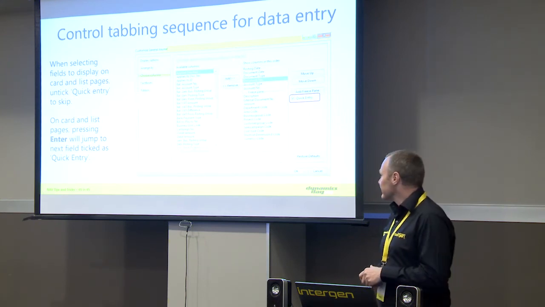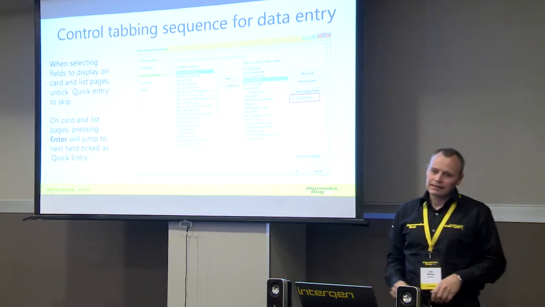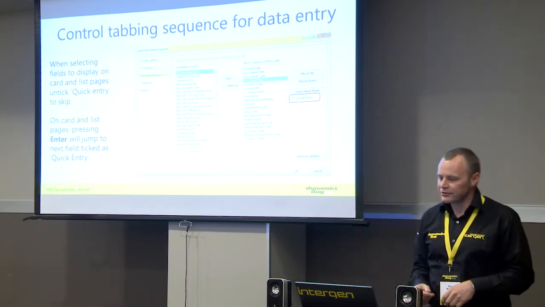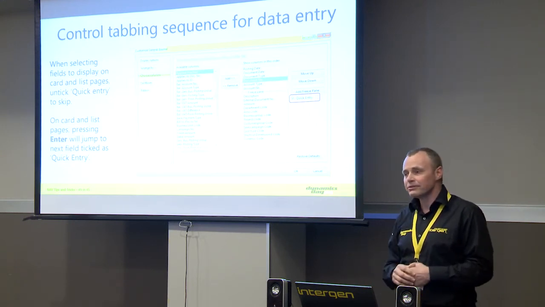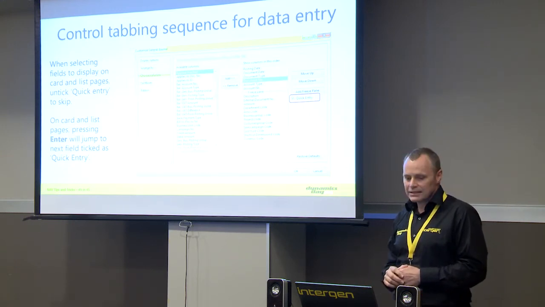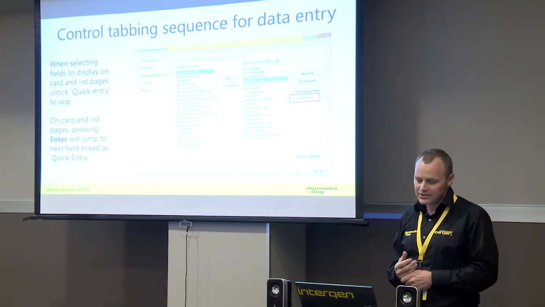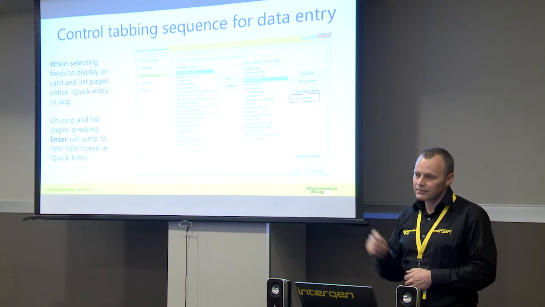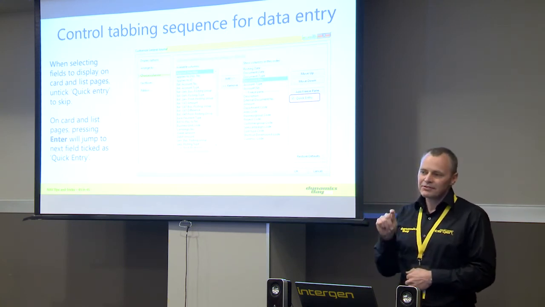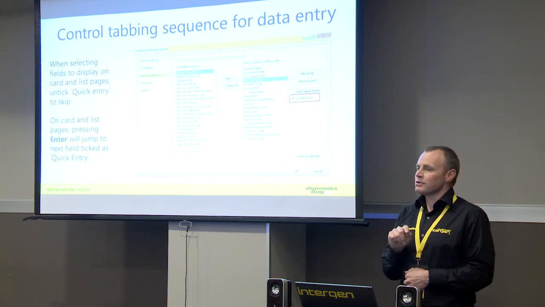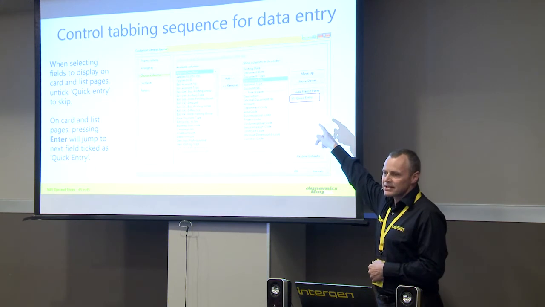But what we now have is this quick entry option, and the effect of that is if you untick it for the ones that you don't want to tab through on data entry. So when I enter my purchase invoice header, if I press tab it will still tab through all of the fields. But if instead I press enter to move through the fields, it will only stop on the ones that are ticked.